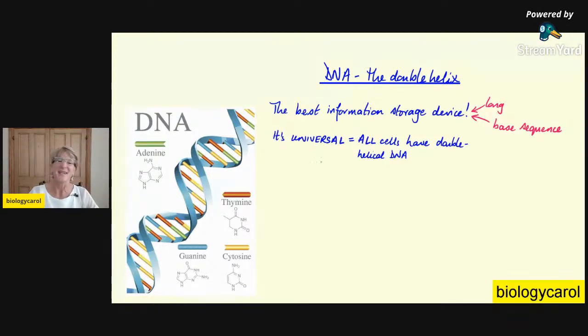Okay, back to DNA. DNA is universal. All cells have double helix DNA in them. I don't care whether we're talking about prokaryotes or eukaryotes. They all have the double helix DNA in them. This causes a lot of confusion because some students think that prokaryotes, the DNA is circular and therefore not helical.